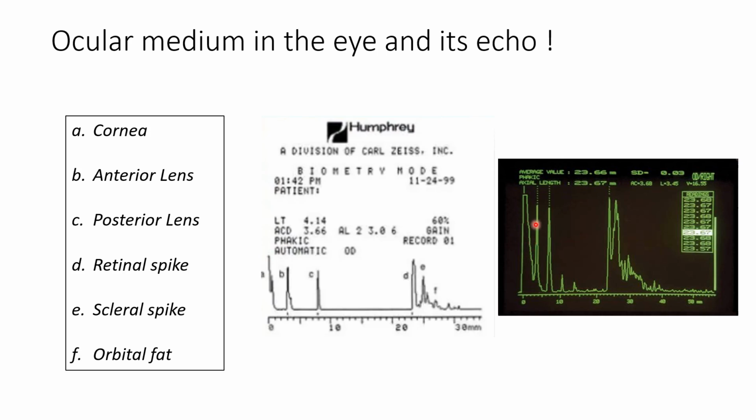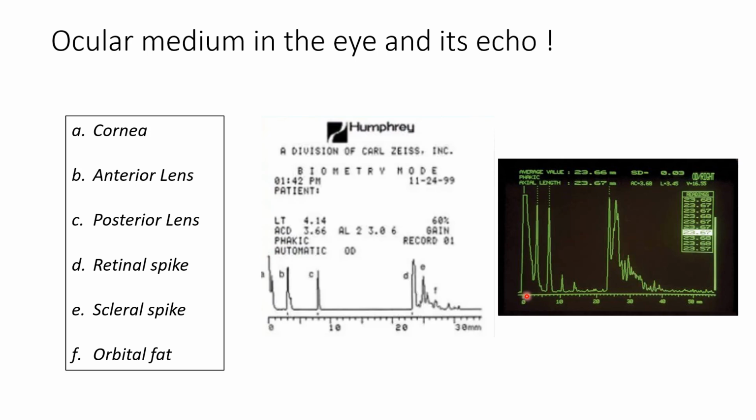Then comes the retinal spike, and immediately after the retinal spike, you will find the scleral spike, and after the scleral spike it will be followed by orbital fat.